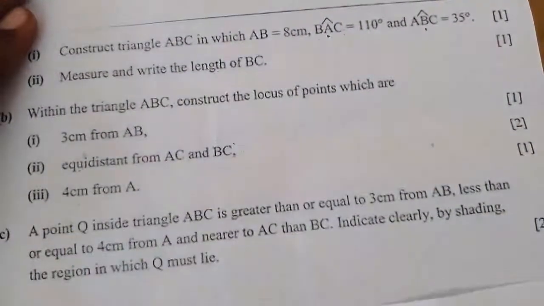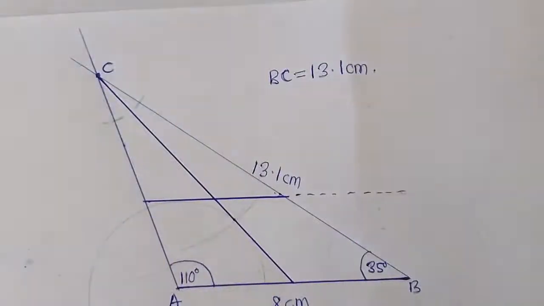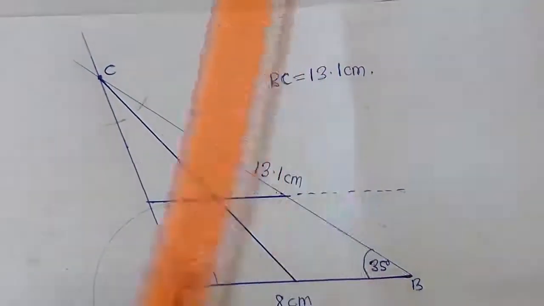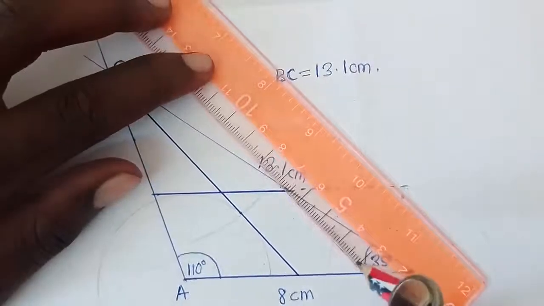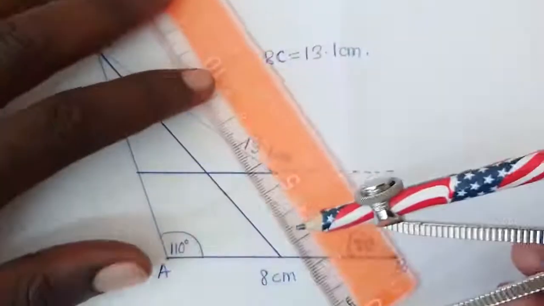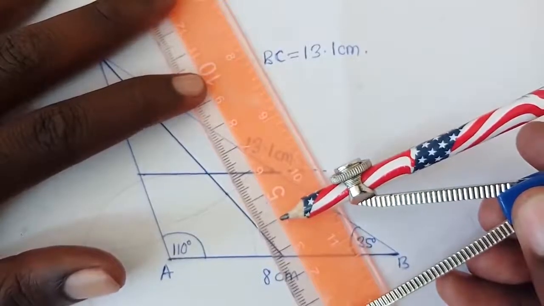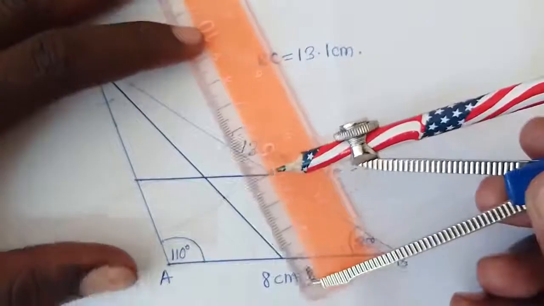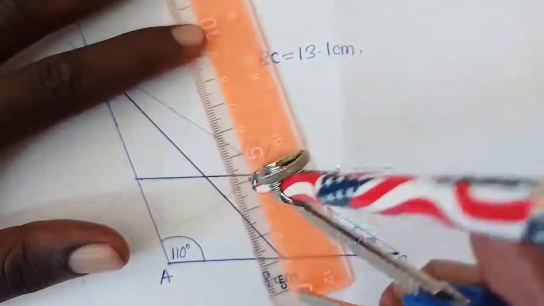What is the question saying? 4 centimeters from A. So you measure 4 centimeters from A. You get your ruler like this. 4 centimeters from A, like this. Have you seen? You measure like this. This is what? 4 centimeters. You measure it like this.